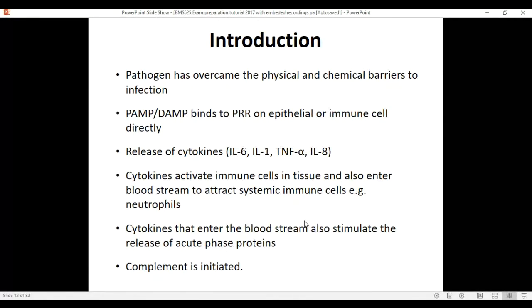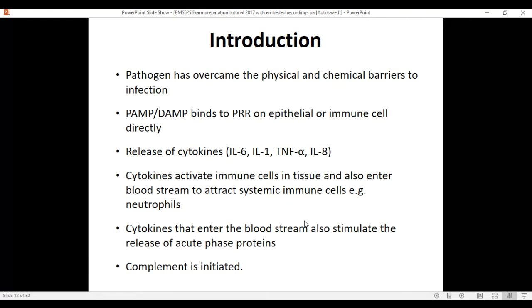Okay, and these are exposed and released, and the cells in our body express these things called pattern recognition receptors. And what happens is these molecules from bacteria or viruses manage to break off and bind to the receptors on our epithelial cells at the mucosa or our immune cells. And when they bind, it causes the immune system to become activated.